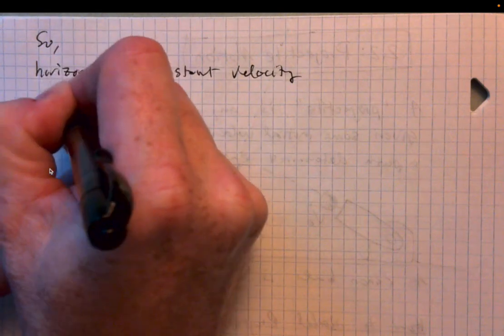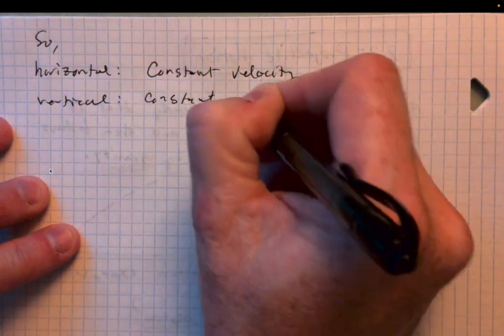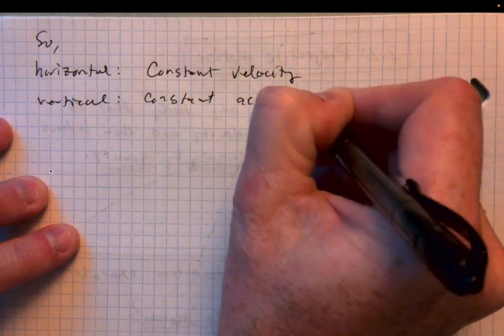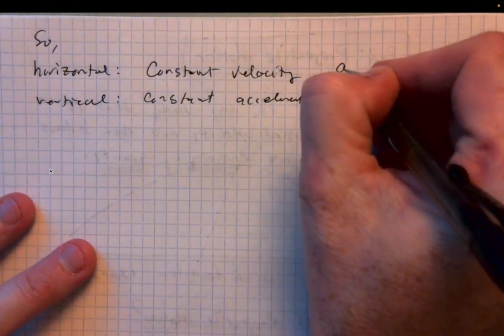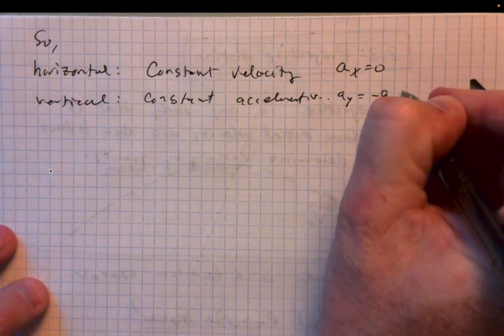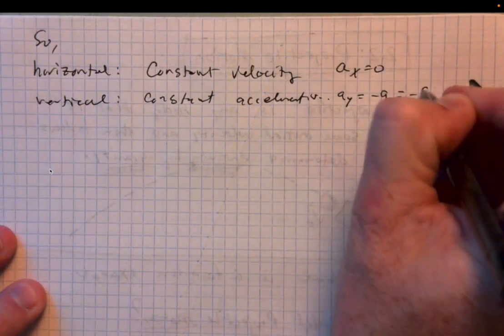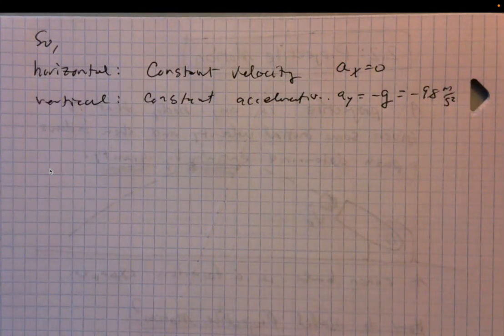And the vertical motion is constant acceleration. Right? So here we would say ax equals 0 and ay equals negative g, which we know is equal to negative 9.8 meters per second squared. Okay, so that's the basic setup.